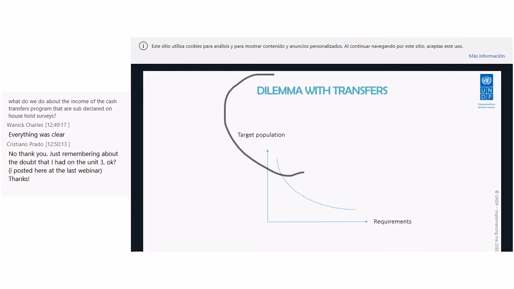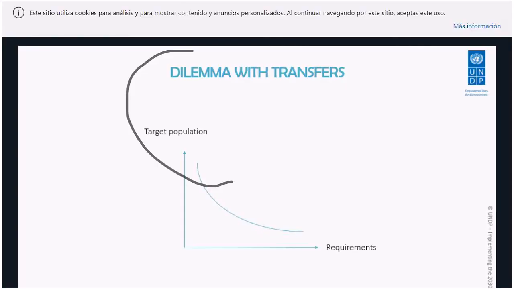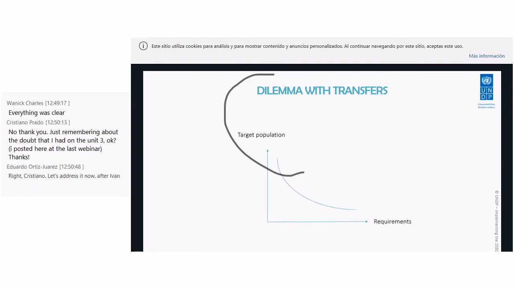So even if the household reports that they receive the support, or the cash transfer, then you know the amount. The problem is when the cash transfer is differentiated by household, for example, in terms of the number of children, or elderly people, or activities, etc.